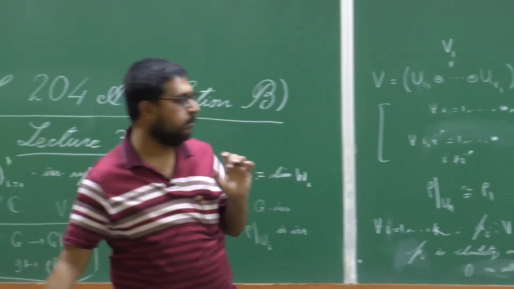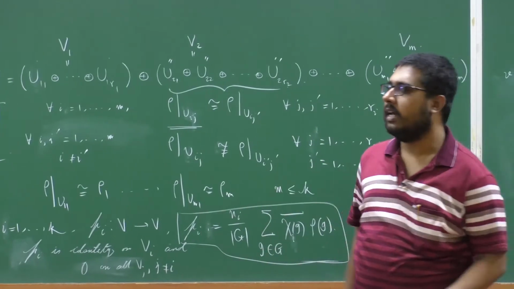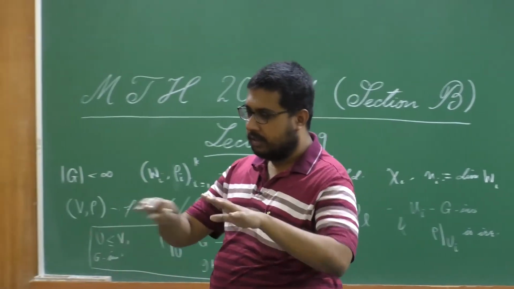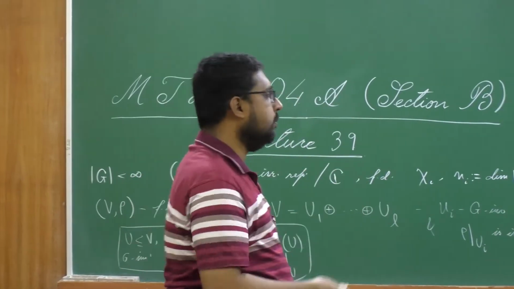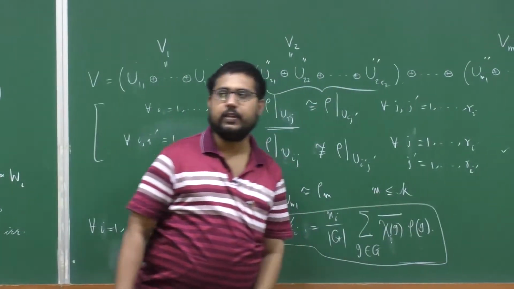Okay. So I repeat, the main issue is, suppose let us say 5 people are given the same representation and asked to find these Vi's.